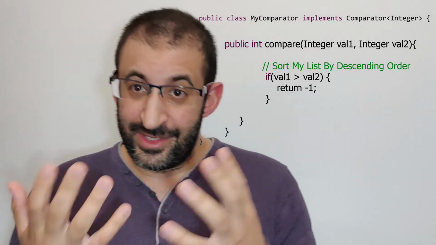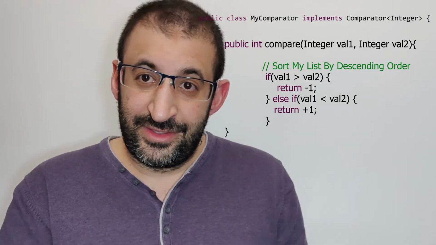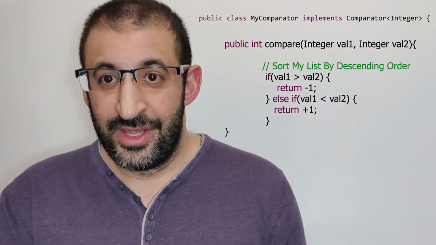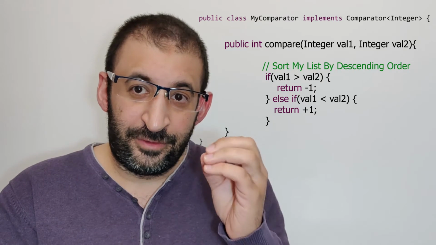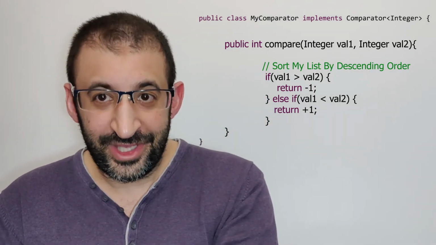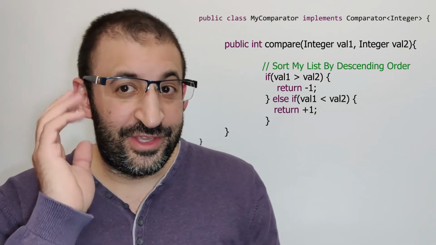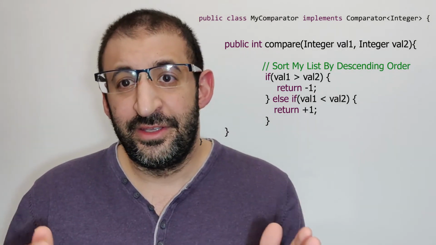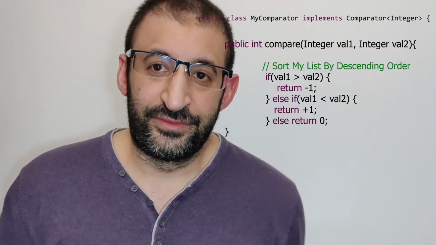I continue. Else, if value1 is less than value2, it means value1 will come after value2. Okay? Because I'm making descending order. So I will return a positive value, +1. Else, it means value1 equals value2, so I will return 0.